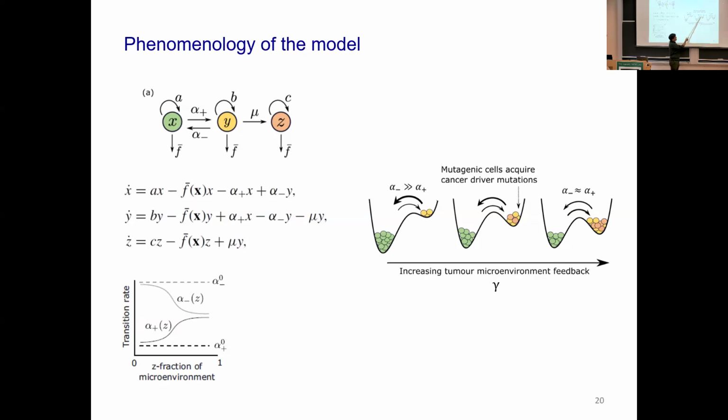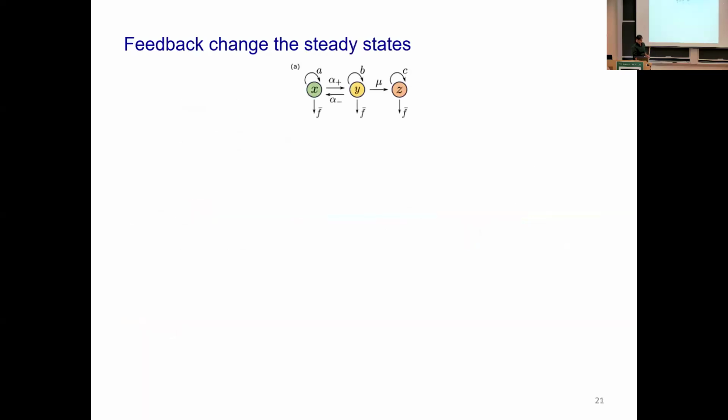What these red cells do is change these rates. They're making this well deeper, if you will, or the barrier lower. They're trying to increase this rate more and more and reduce this rate. So you can start seeing that as Z grows, it pulls the whole thing down. It's not just waiting for the mutations, it's actually allowing the epigenetics to drive it even stronger. So we just wanted to see the effect of these two.